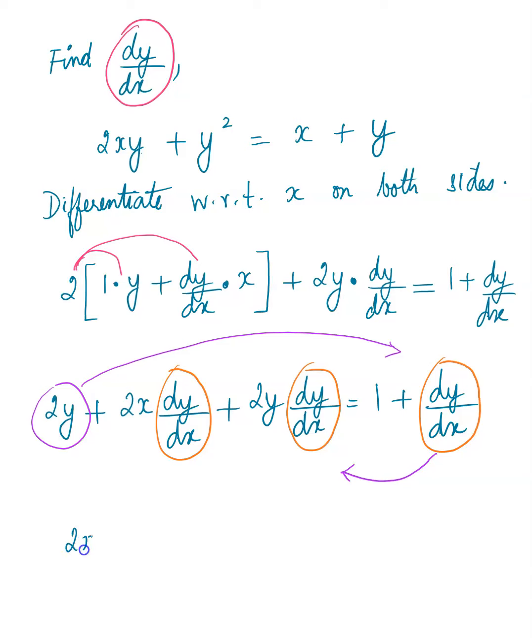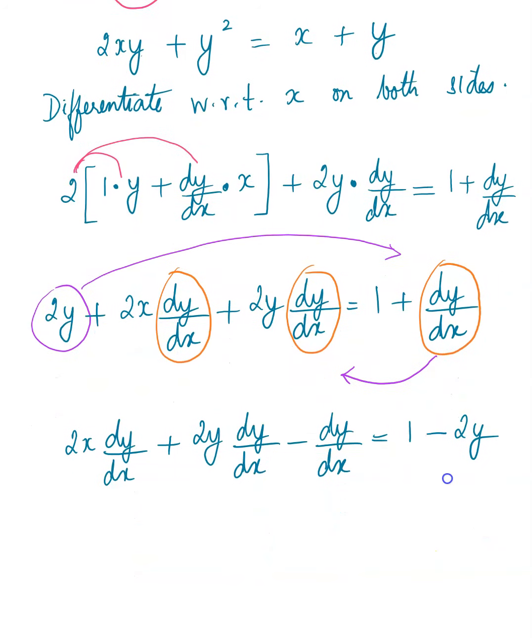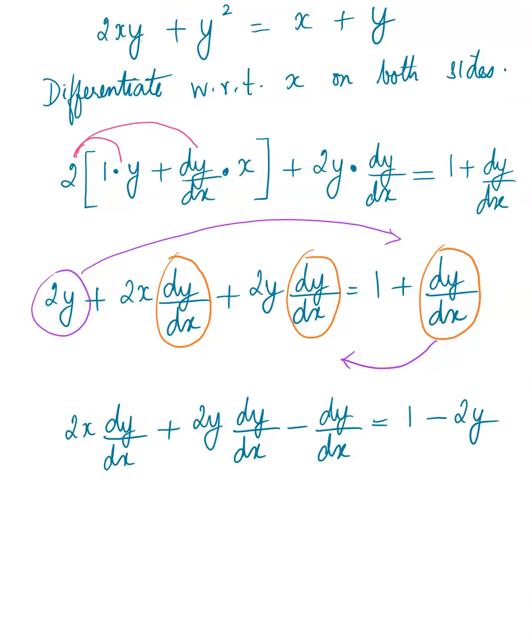That will be 2x dy over dx plus 2y dy over dx minus dy over dx equals 1 minus 2y, because I'm subtracting 2y on both sides, and I'm subtracting dy over dx on both sides.